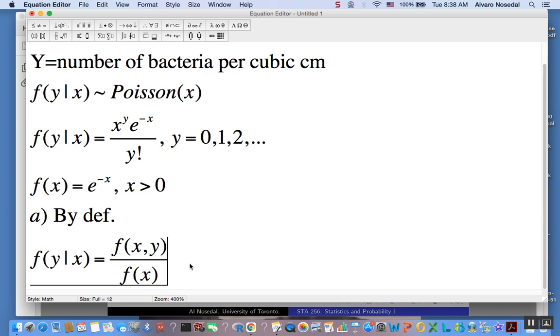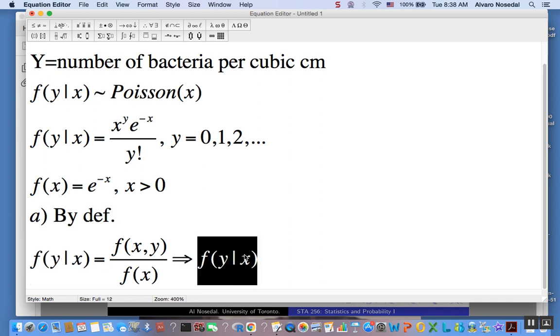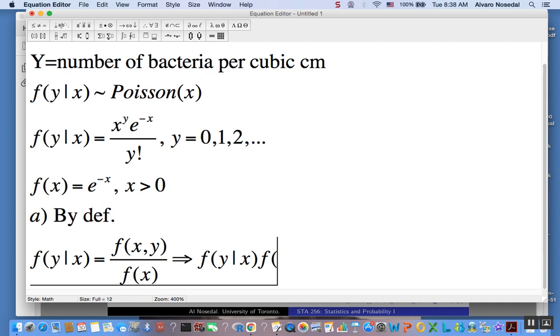That's just by definition. But then, since we want the joint and we have these two guys, we just solve for the joint. We just multiply by f of x on both sides, by the marginal of x, and then we get the joint.